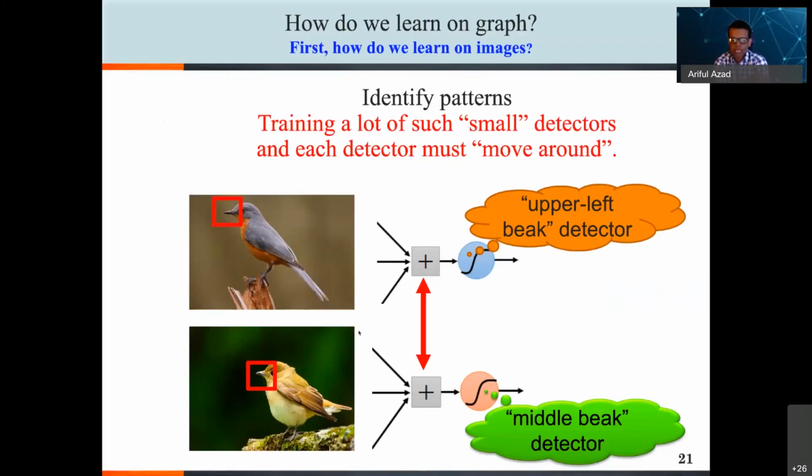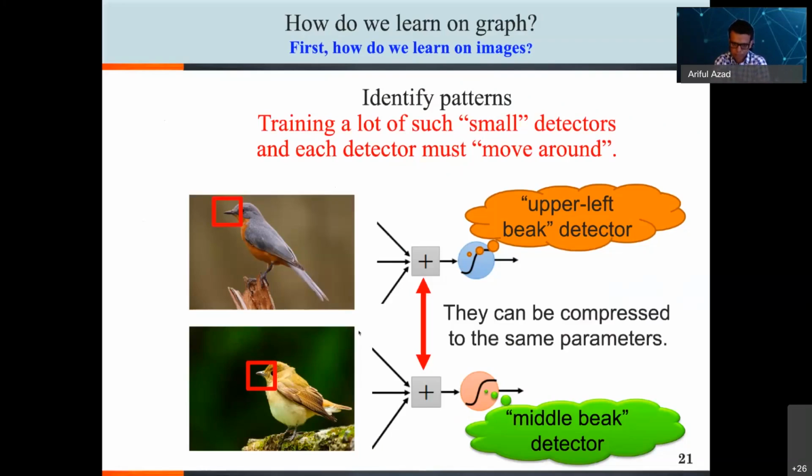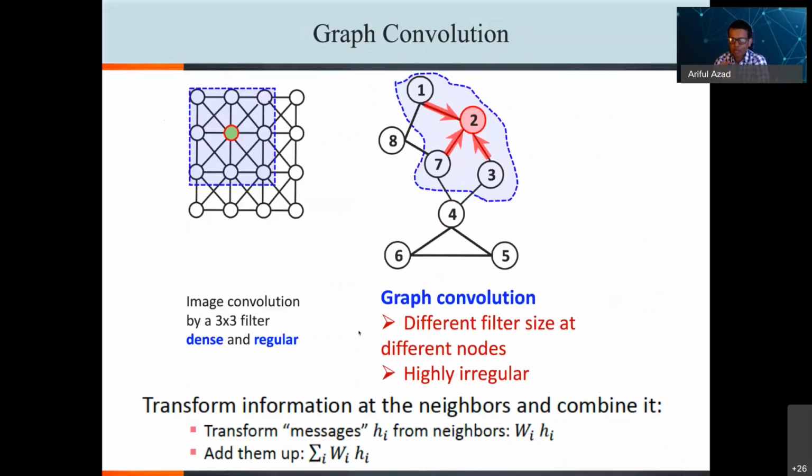The same idea is also applicable on graphs, but the concept is a bit different here. On the left, I'm talking about a 3x3 filter, and I'm representing each pixel as a node in a graph, connecting adjacent pixels by edges. So in that sense, an image is nothing but a regular graph.